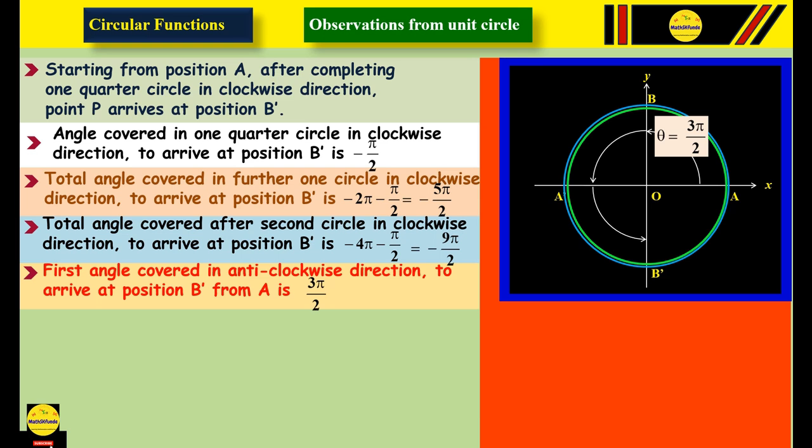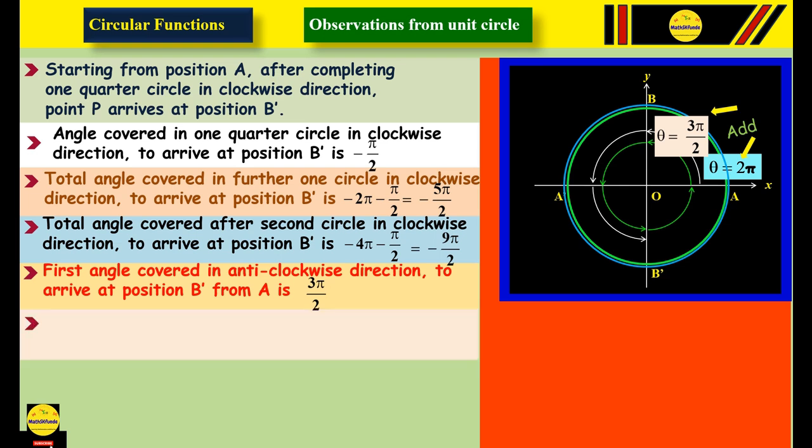So the angle covered by completing 3/4 circle is 3 pi by 2 in anti-clockwise direction, and point P has now reached B dash. Now you don't want point P to leave position B dash, because we are studying position B dash, right? So when you allow point P to continue its journey for another circle, you will have to add 2 pi to it.